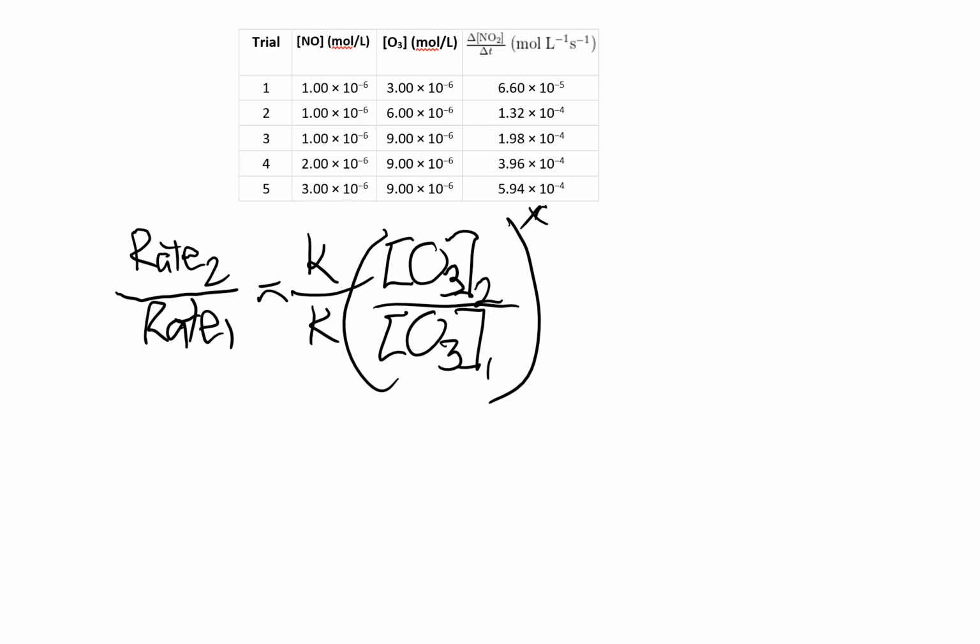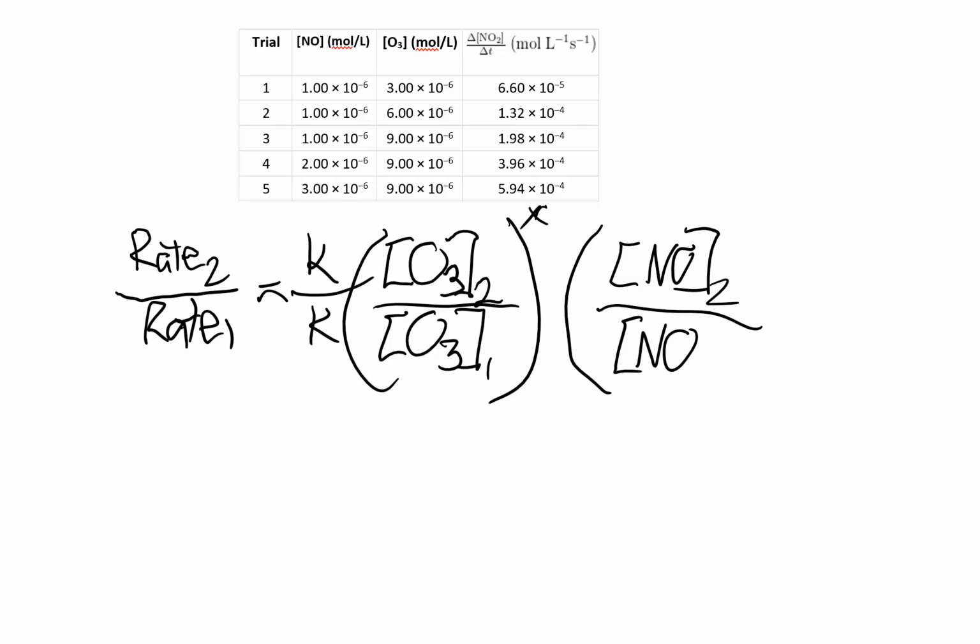We don't know what x is. And then we're going to do the same thing for nitrogen monoxide, NO of experiment 2 over NO of experiment 1 raised to some power y.